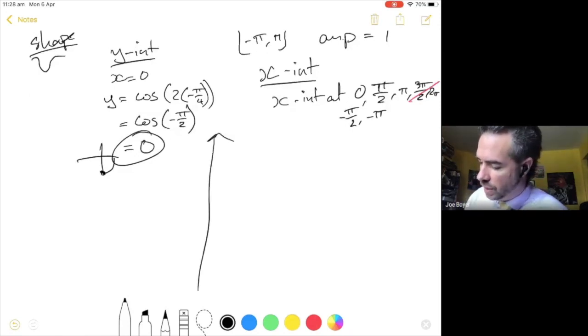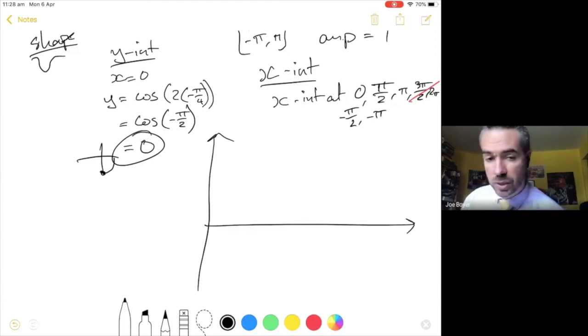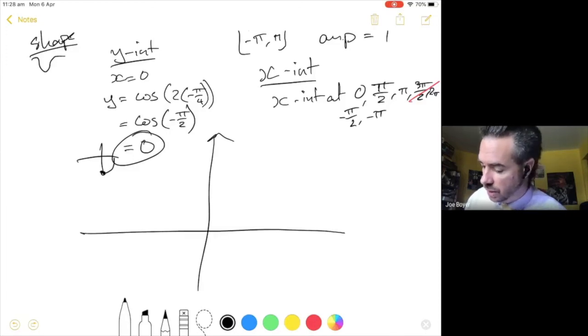Rather than going all the way along there this time, there's not much point doing that if I'm going between negative pi and pi. So in this case, I'm going to have a long x-axis that looks like that. Labeling my key points, I'm only going to pi this time, and that one there is pi on 2. That's 0.